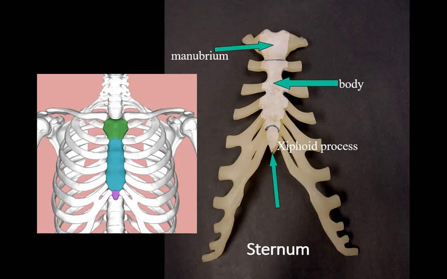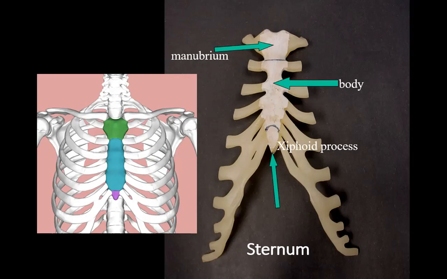The xiphoid process is at the end of the sternum, and directly underneath it is the edge of the diaphragm.